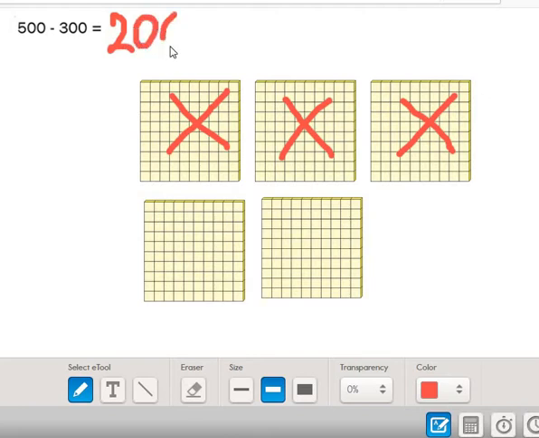The same idea as 5 apples minus 3 apples equals 2 apples. So when we subtract hundreds, we can use the basic fact. The basic fact here is to subtract the hundreds digit only. The hundreds digit here is 5.